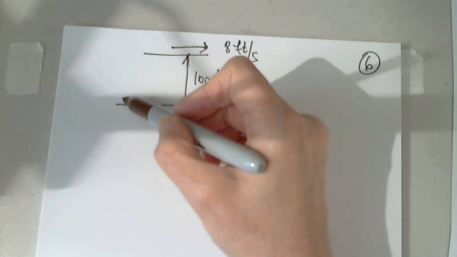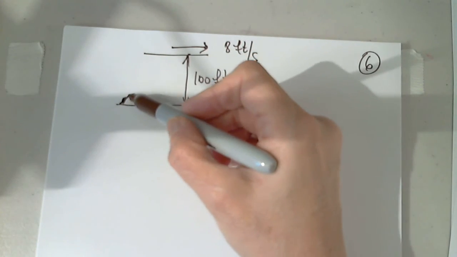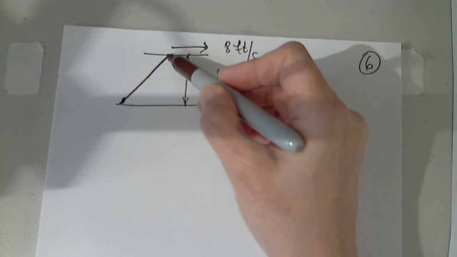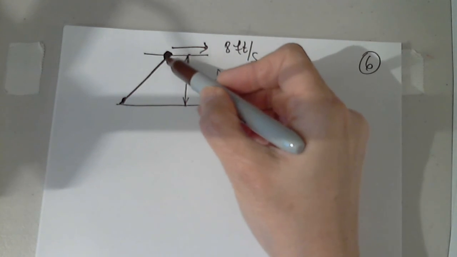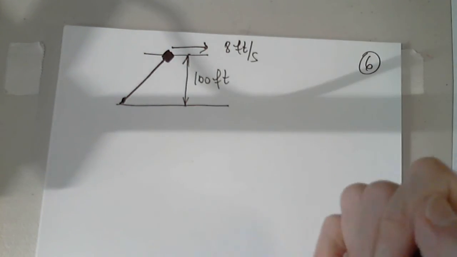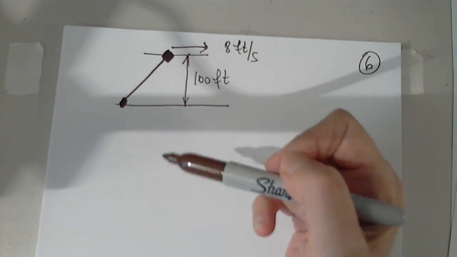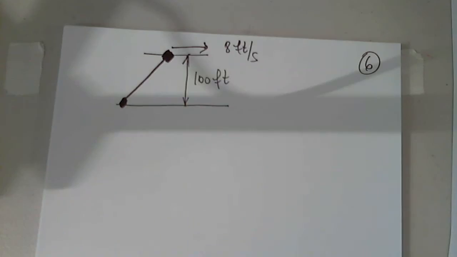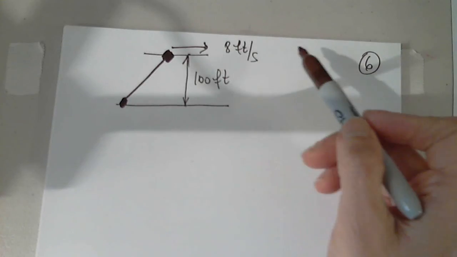So there is a person right here with a string. Here's the kite, and here's the person at the ground level. The kite moves horizontally at a speed of 8 feet per second.